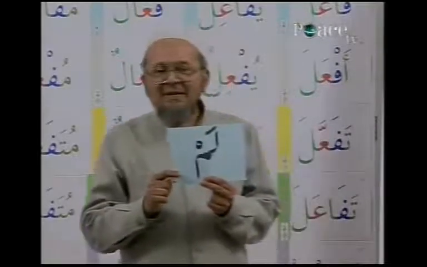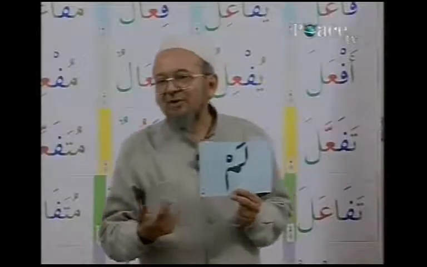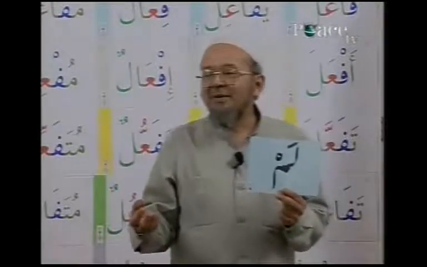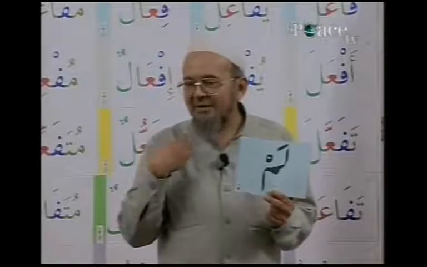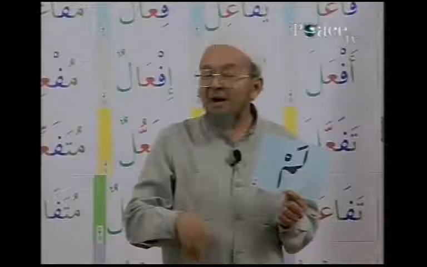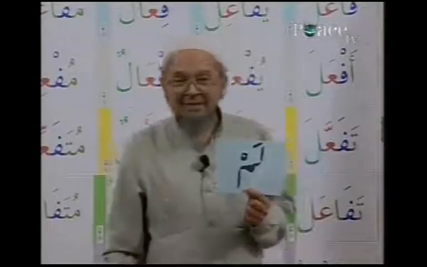Now, what change in the meaning occurs when we apply lam before the imperfect? It changes the imperfect into negative past. So for example, if you say 1st person masculine plus feminine singular in the imperfect: Lam a'kul, I did not eat.